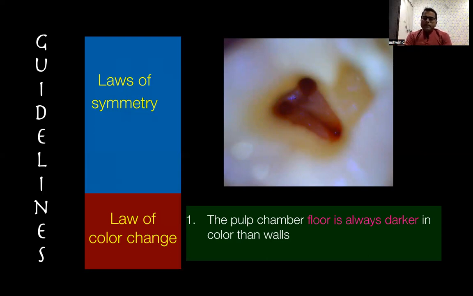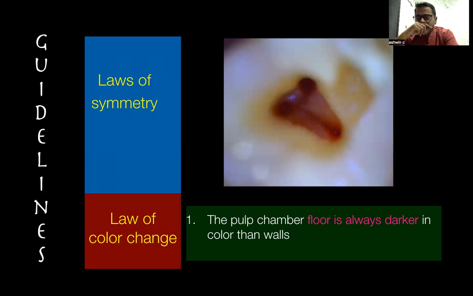So where does this law come into play? Many times you get cases of old age, or patients who chew betel nut, or have a lot of attrited teeth, or long-standing caries. In such cases, your pulp chamber is either very small, or there are a lot of pulp stones in the pulp chamber, or it may be completely calcified.